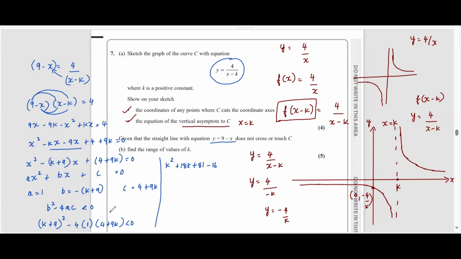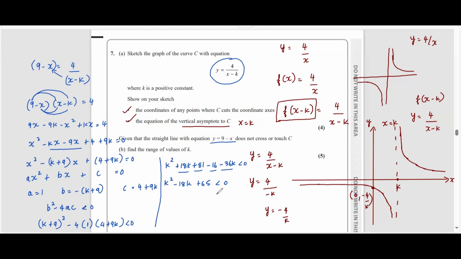Minus 4 into 9k is minus 36k, is less than 0. So k square, 18k minus 36k is minus 18k. 81 minus 16 is 65, is less than 0.